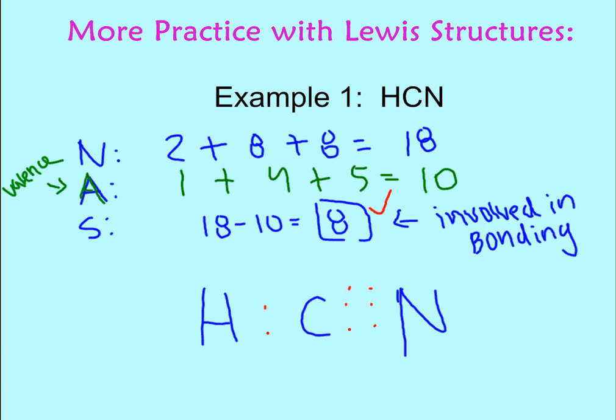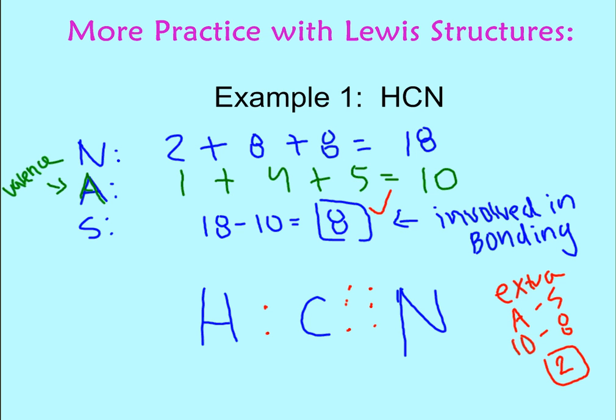Now remember that extra step we did, which was to figure out the extra electrons? We have to use all of the available. The extra is the available minus the shared. So the available is 10, I only used 8, I have 2 left over. Those 2 cannot go on hydrogen, and they cannot go on carbon either, because carbon has 1, 2, 3, 4, 5, 6, 7, 8.